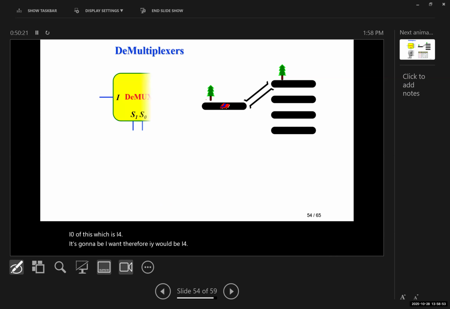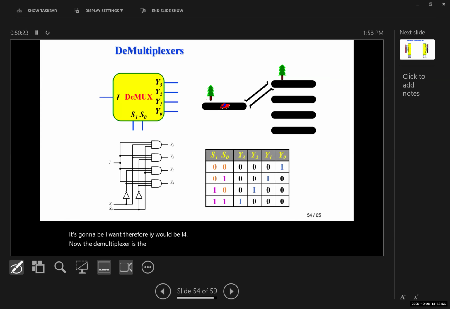Now, the demultiplexer is the opposite of the multiplexer. You're going to have 1 input, n selects, and 2 to the power of n outputs.